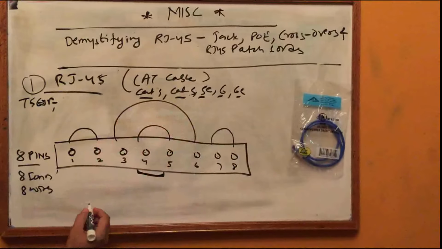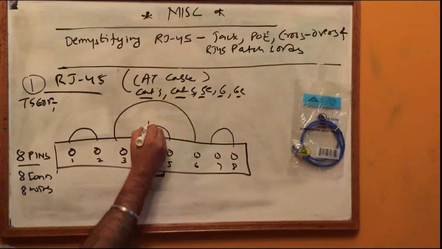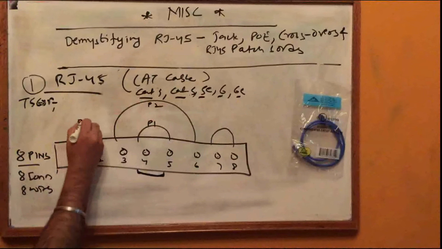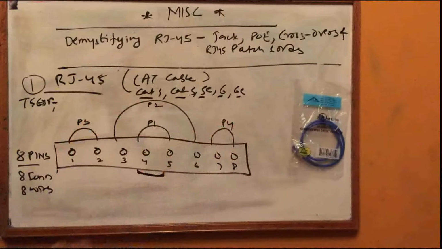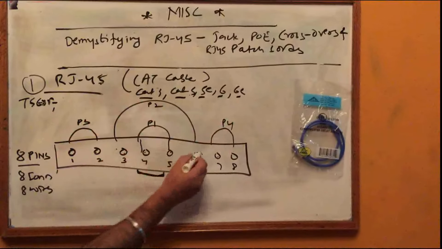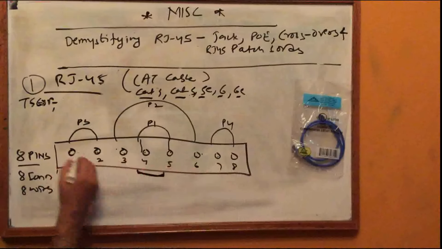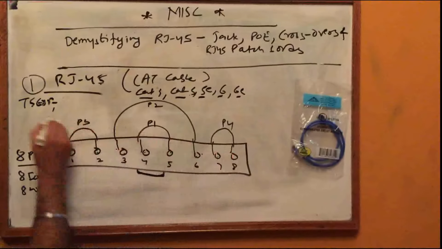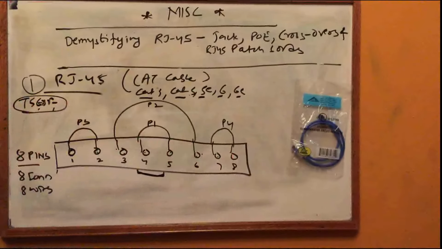But we name it differently. So here we call it pair number 1, P1, pair number 2, P2, then pair number 3, and pair number 4. Again, between 4 and 5, between 3 and 6, between 1 and 2, and 7 and 8. So these are connected like this, right? So this is the TIA 568 standard. This you guys need to know inside out.